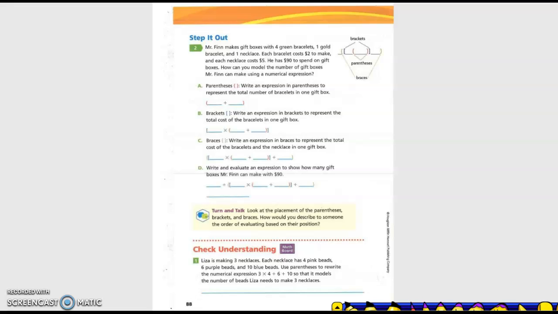So how many bracelets are there in each gift box? There's 4 green ones, right? And then there's 1 gold one, so 4 plus 1, right? Okay, so write an expression in brackets to represent the total cost of the bracelets in one gift box. So we said our parentheses was 4 plus 1, right, guys? And then how much is the bracelet? $2, right?